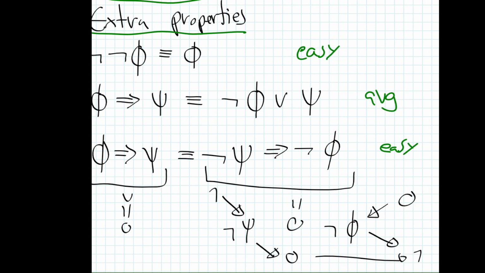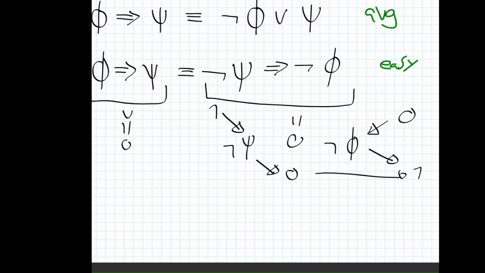the output of the implication is 1, therefore, by assigning the same values here as input for phi or psi, if we assign 1 and if we assign 0, we'll get the exact same.